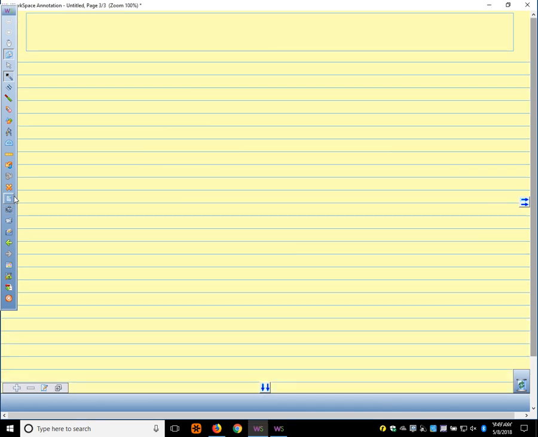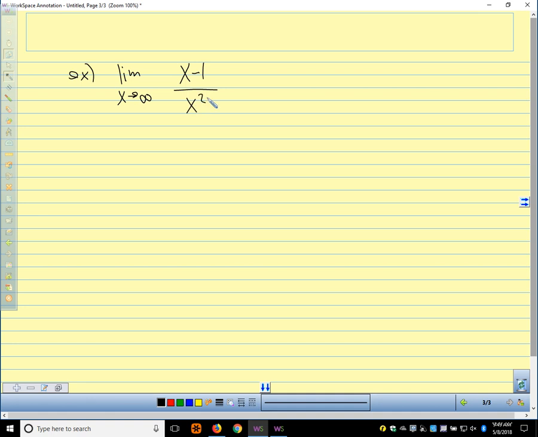The limit as x approaches infinity of x minus 1 over x squared. So the highest power in this one is in the denominator.